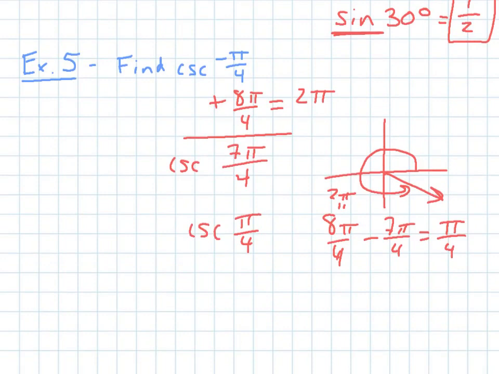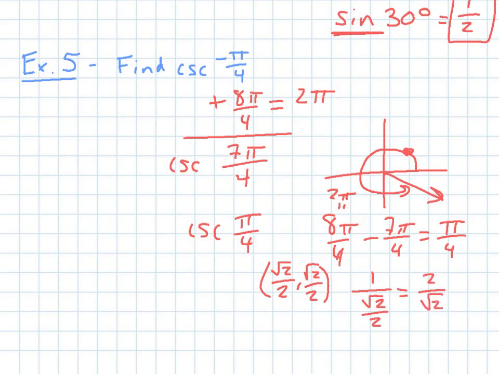And so sine of pi over 4, remember their point is square root of 2 over 2 comma square root of 2 over 2 in the first quadrant up here. Okay, and so cosecant would be 1 over that. So then I'd flip it. It gives me 2 over square root of 2.